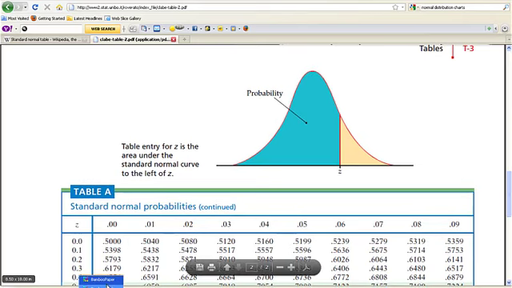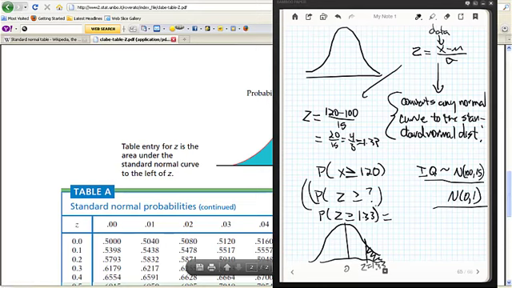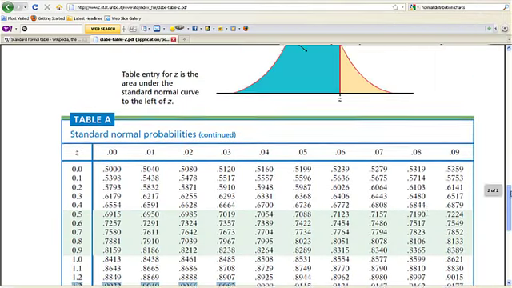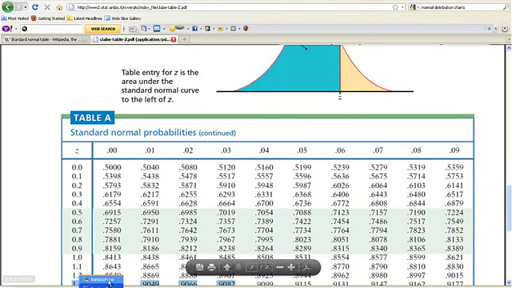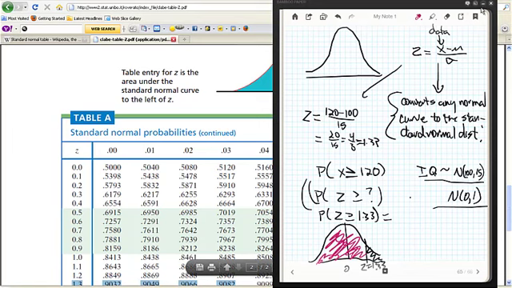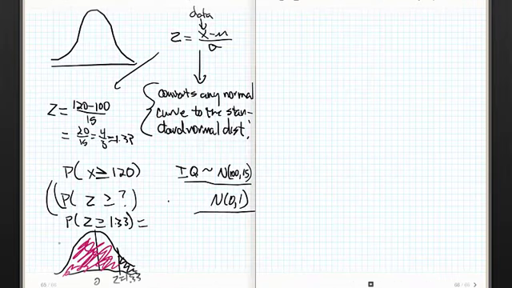Well, look at this. Through the magic of technology, I know that what that implies, because our chart gives us those areas, is that this area right here is 0.9082.